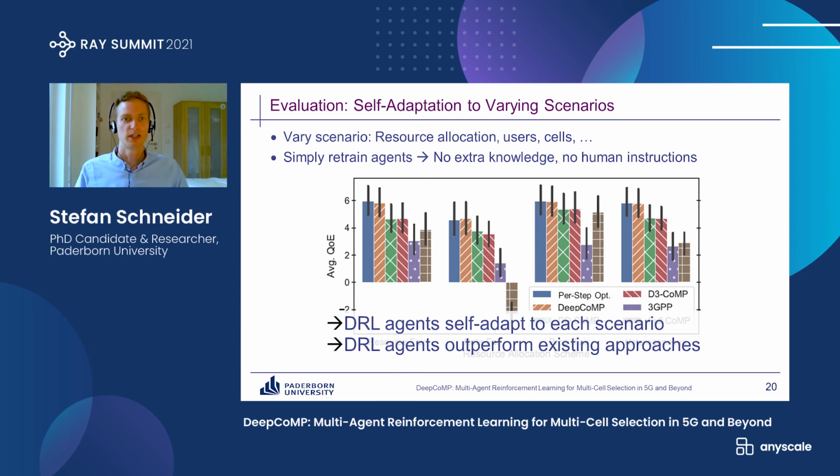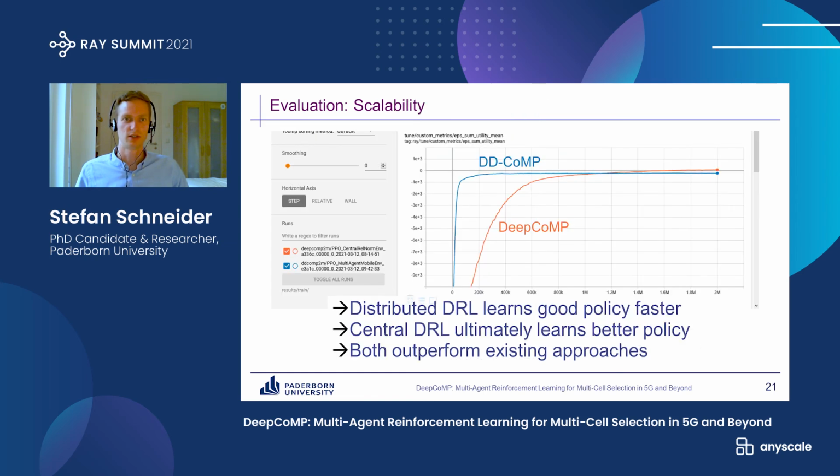Now, you might be wondering, why do we even bother with these distributed approaches if they're always worse than the centralized approach? And the reason is scalability. So if we look at scenarios with more and more users, the action and observation space of the centralized DeepCoMP approach grows and grows, and the complexity grows, and the training and the convergence times also grow.